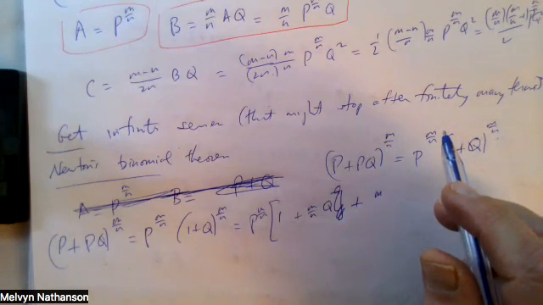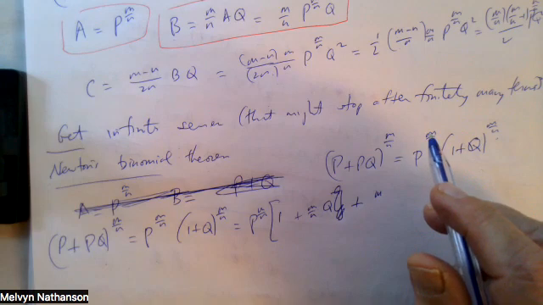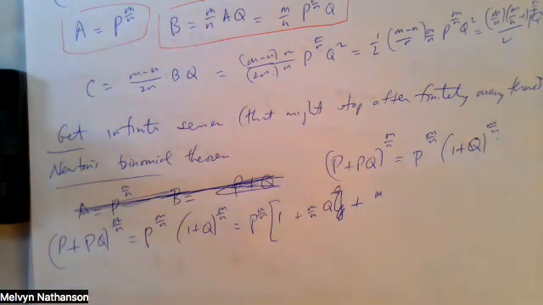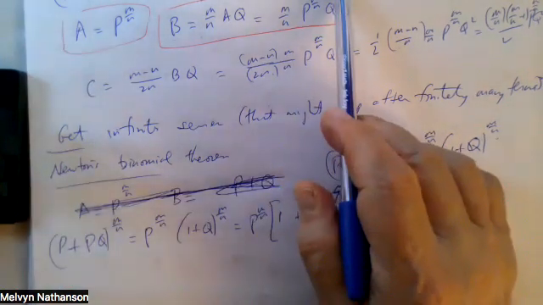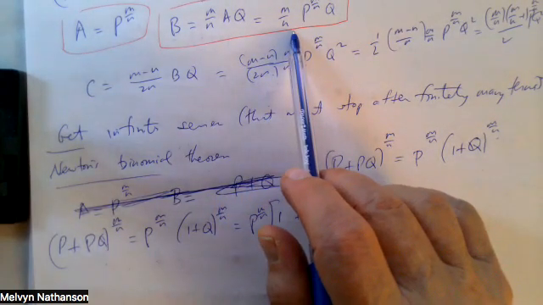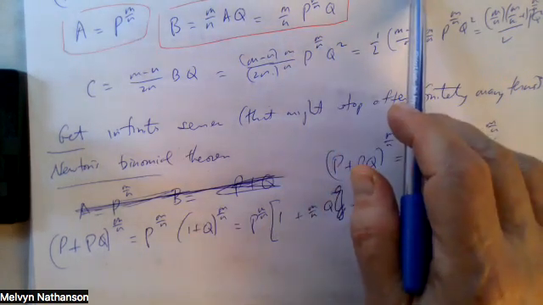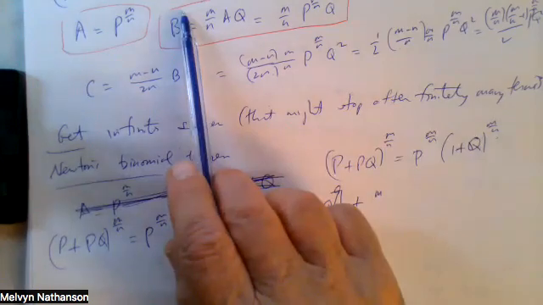I could write that as M over N, let's see, what is B? This is B. Sorry, the third term. Am I doing this right? This is the first term.